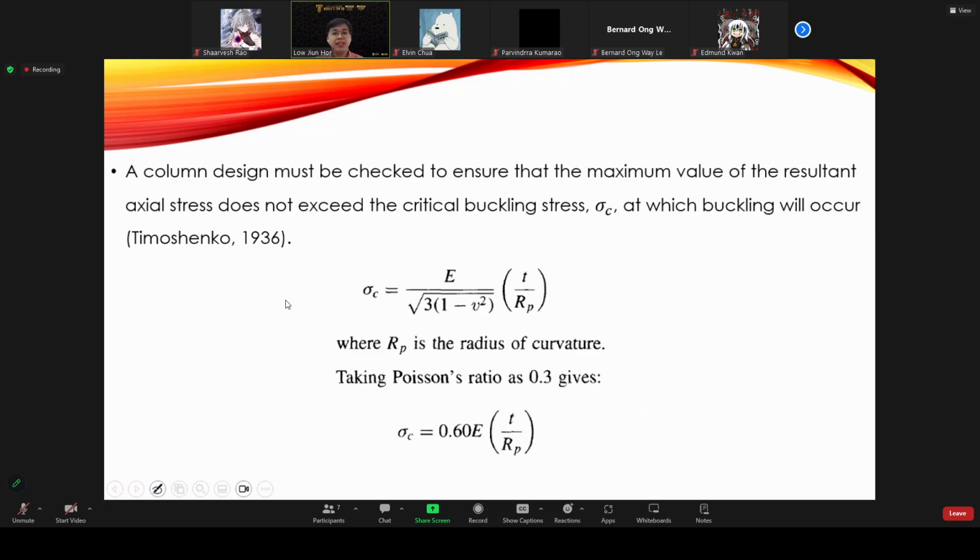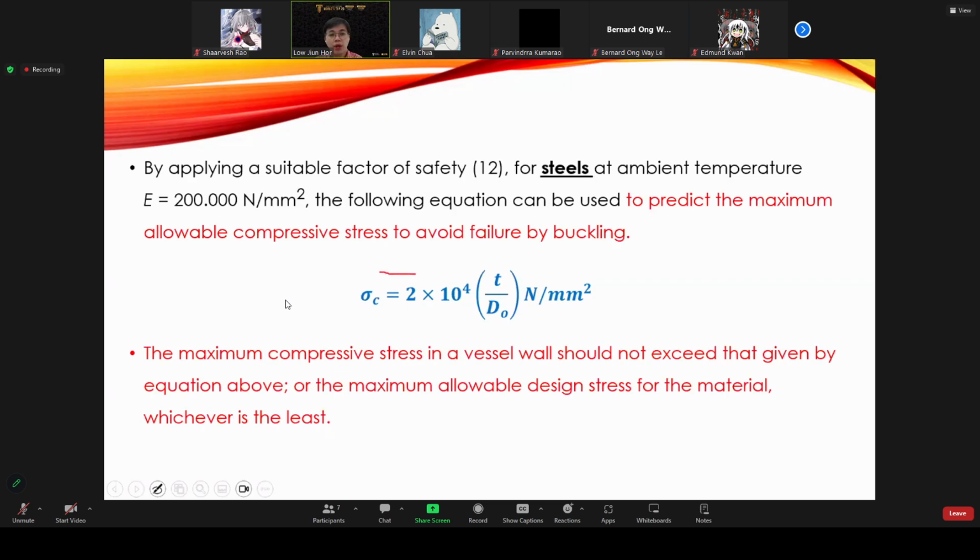So if, let's say, you want to check whether the column or the tower is actually stable or not, can be safely operated or not, then we can also calculate the value here. We call it the critical buckling stress, by using the equation here.